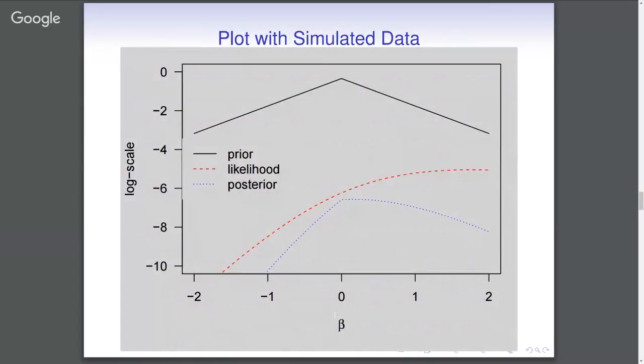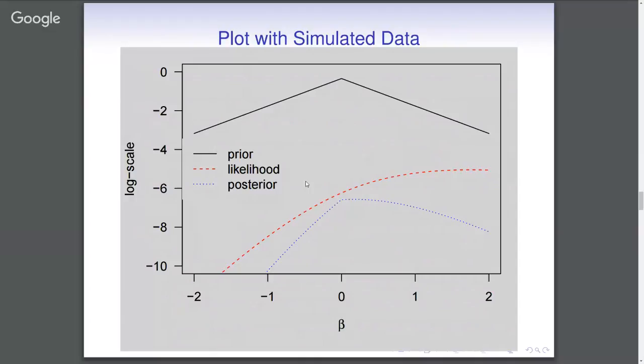So here's the aforementioned plot that I was talking about. The black line here is the Laplace prior. I have it centered on 0. It has this triangular shape in log units. I simulated some data, and the red curve here is the likelihood function. The maximum likelihood estimate is actually over here close toward 2.